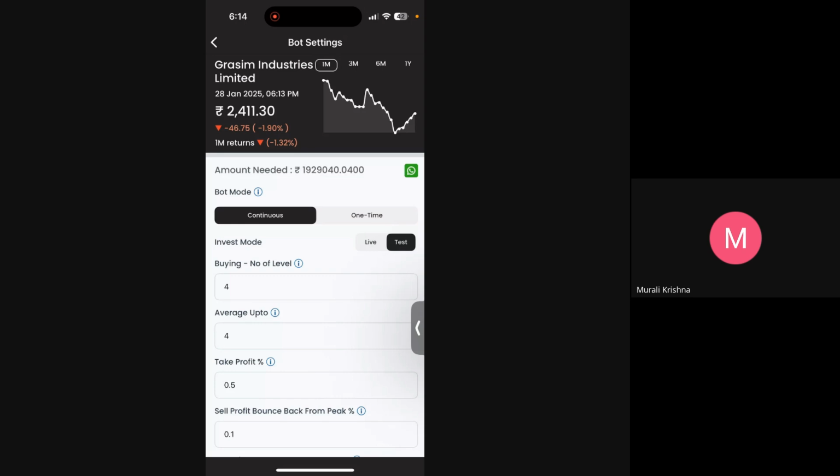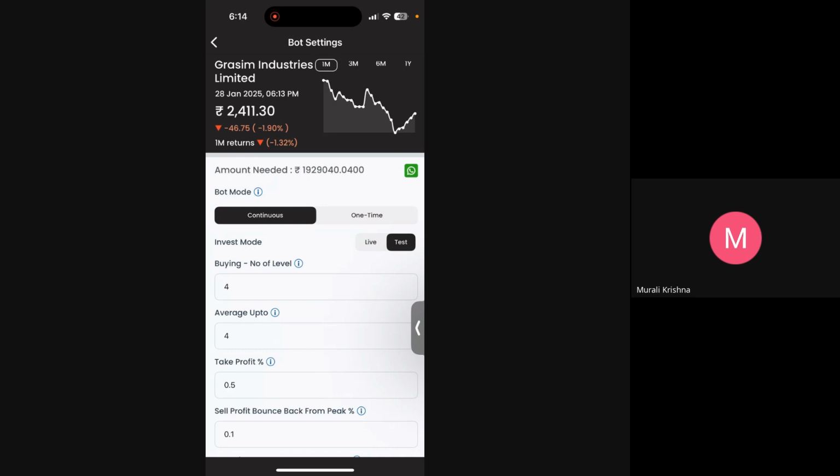And if you keep it continuous, it is a process where it will not stop whenever the transaction is done, but it will keep track of that stock continuously, and whenever it reaches your profit percentage it will sell it, and again when the price drops it will keep picking the stock.